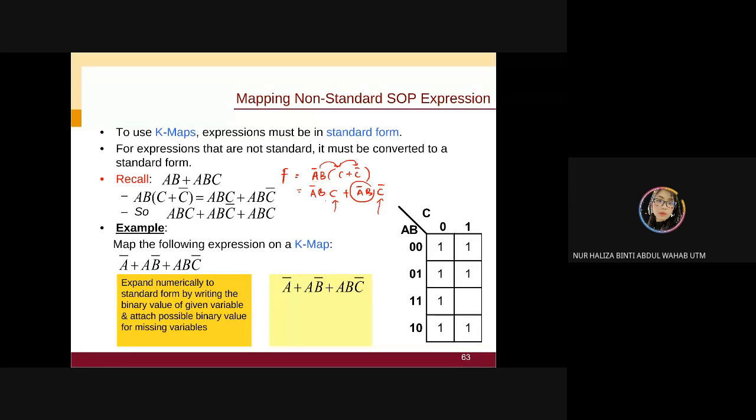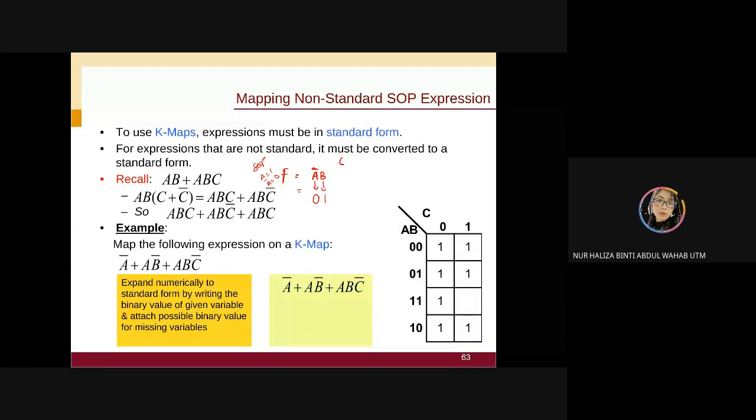Now, because I know this as a logic thing, I didn't have enough C. So I have this A bar. I bring it down to binary, I'm going to get 0. B, I'm going to get as 1. Because this one is SOP, again A equal to 1, A bar equal to 0.